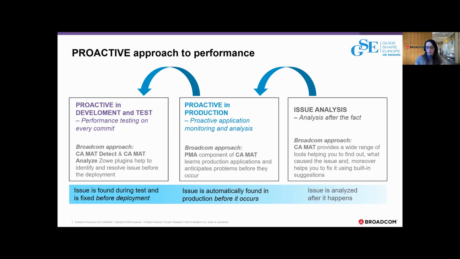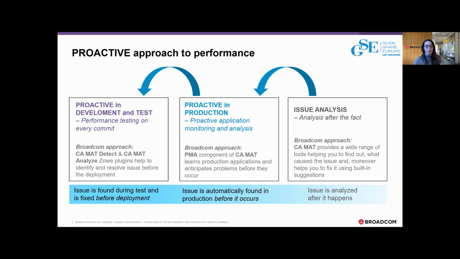For that reason, all the products, and CMAT as well, provide a wide range of tools for you to find out the cause of the issue, what is happening, and give you a deep insight into the problem.